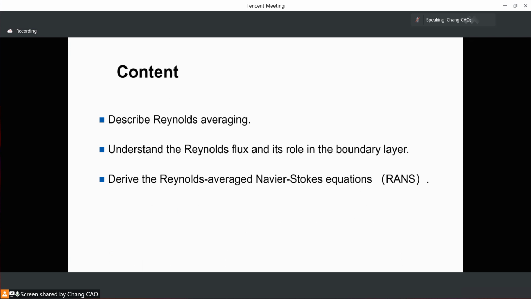Thirdly, and last but not least, we will derive the RANS equations. These equations are the basis for understanding the turbulent kinetic energy budget, the TKE budget. So let's turn to the first part.